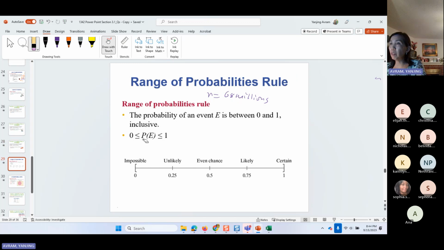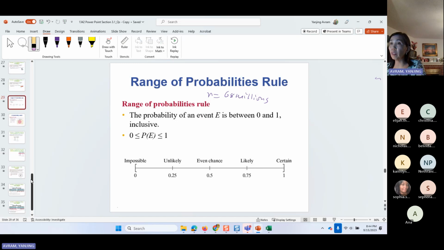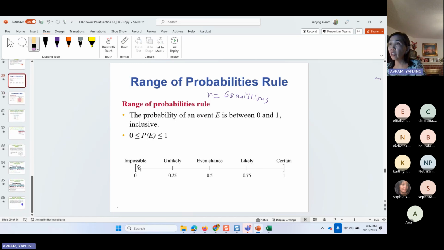As I mentioned earlier, probability is always between 0 and 1, okay? We don't use a negative number for the probability. We don't use anything more than 100% for the probability, all right? So what does 0 mean? 0 means impossible, that means nothing is going to happen. Anything less than 0.5 is unlikely, right?